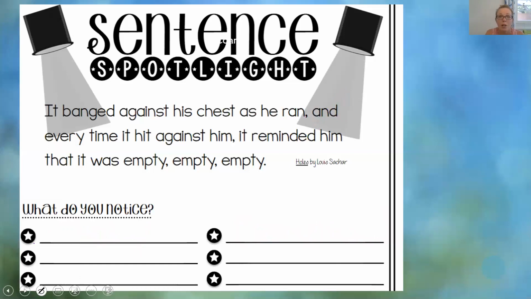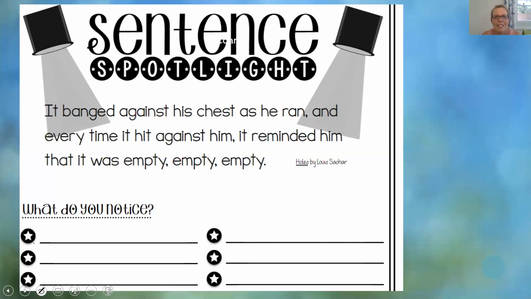So as we take apart these sentence spotlights, what else do you notice? I always ask you about perspective. So is this told in first person, meaning the main character is telling the story, or is this third person, omnipresent? There's a little clue in this sentence.